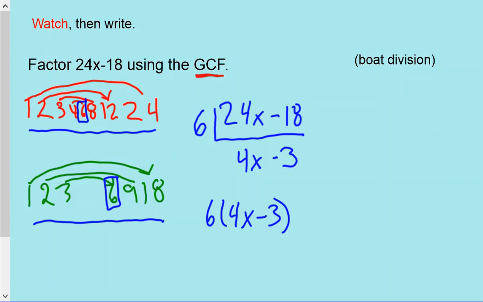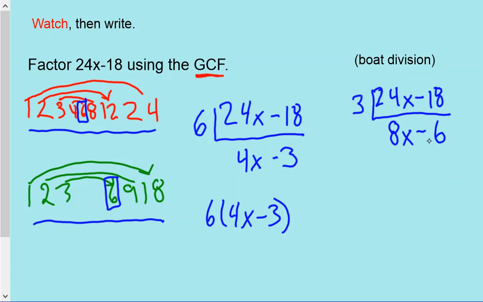And so the way that would work is if we had the expression 24x minus 18, and we don't get to the greatest common factor right away. So let's say we put this expression into a boat, and then say we know that these two are divided by 3. So we'll start with 3. 24 divided by 3 would give us 8x, and negative 18 divided by 3 would give us negative 6.